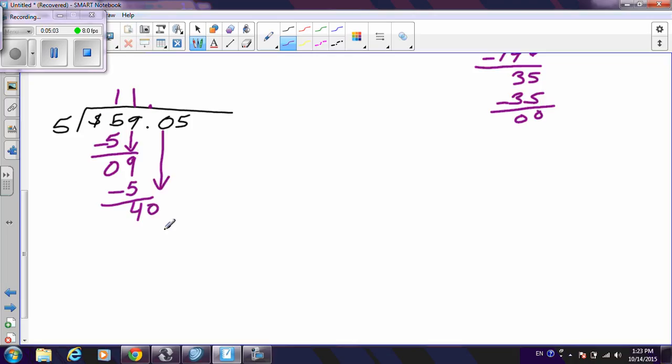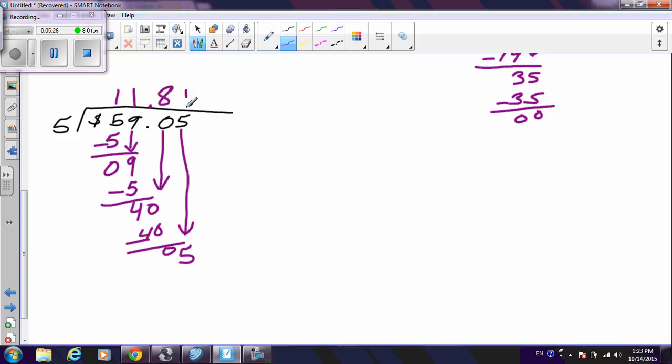But bring down the very next number, which is 0. How many times can 5 go into 40? It goes in there 8 times. 5 times 8 is 40. Look, we got another 0, but we still have a number left. So we are going to bring it down. That gives us a 5. How many times can 5 go into 5?